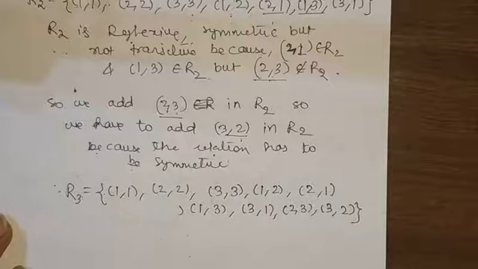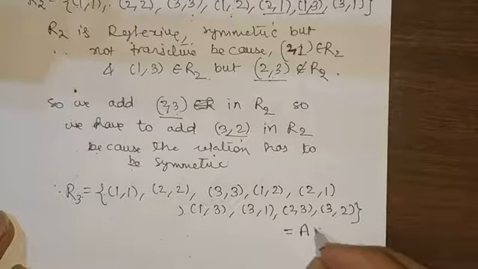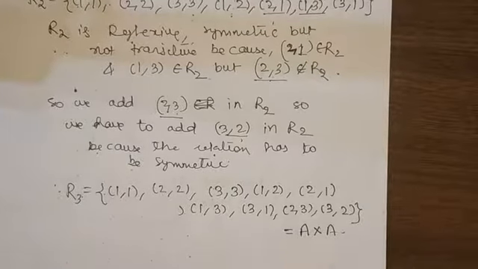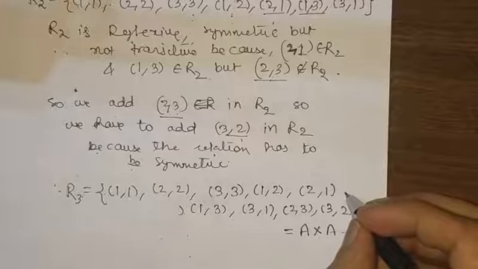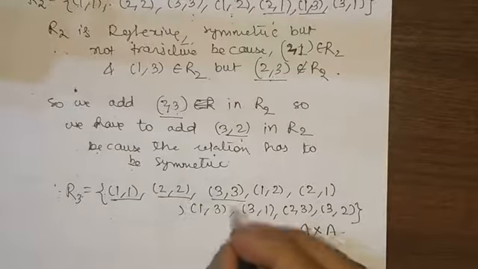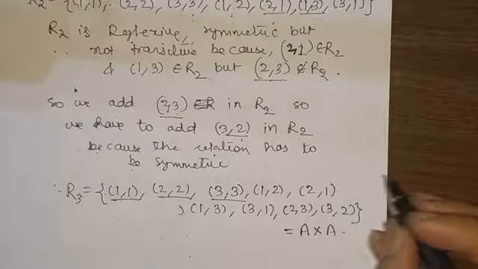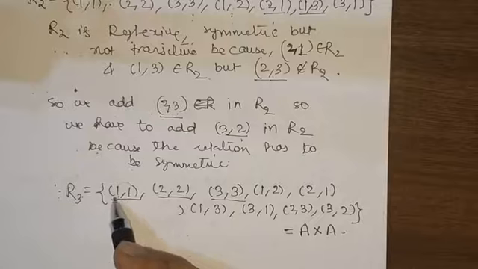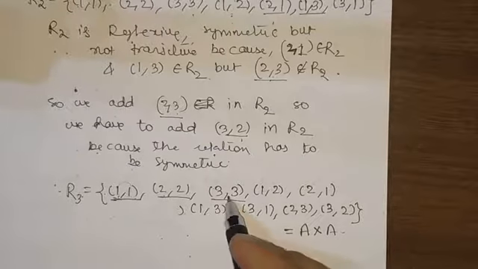Now this is the relation A cross A. This relation is reflexive because 1 comma 1, 2 comma 2, 3 comma 3 are there. It is symmetric because 1 comma 1 is there, so 1 comma 1 should be present, which it is. Similarly for the other elements.